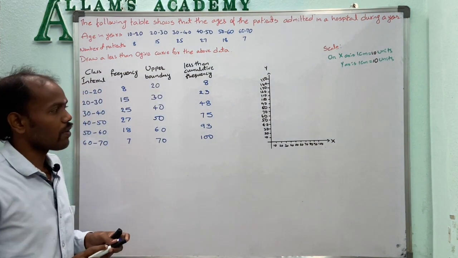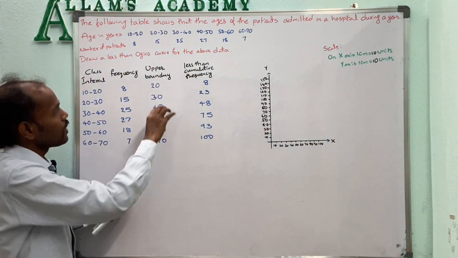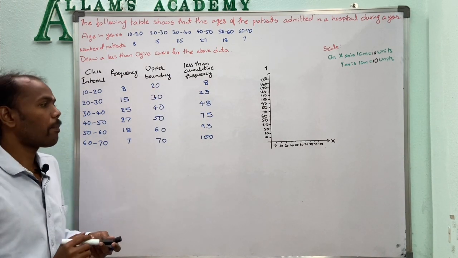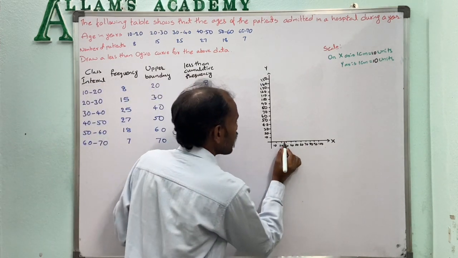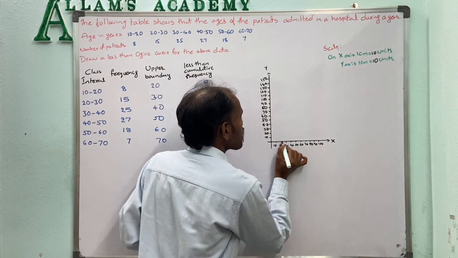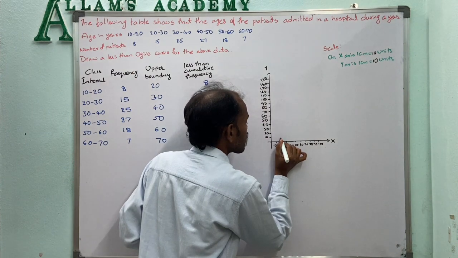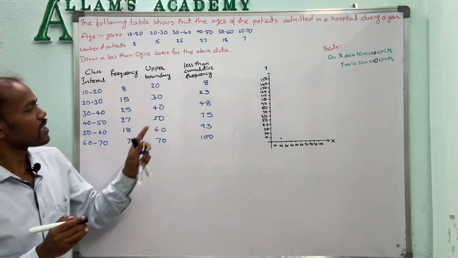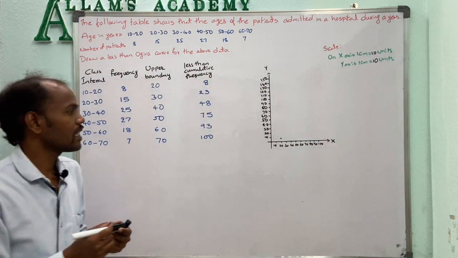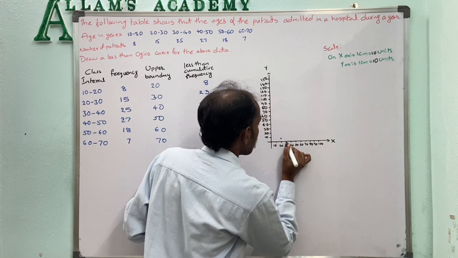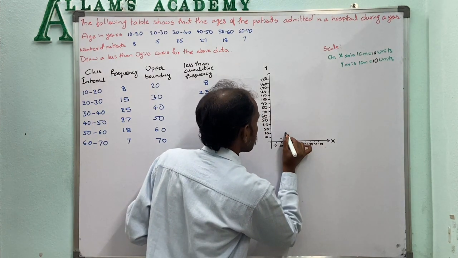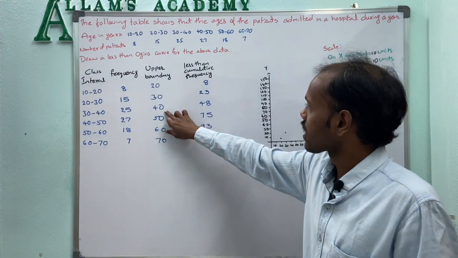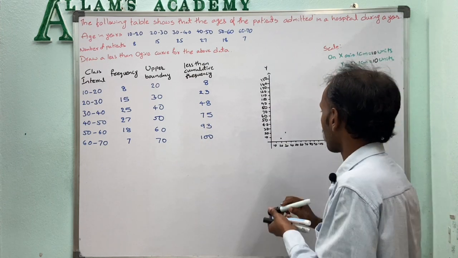Now we have to plot the points. For 20, the value 8 is the point: if 20 is taken as abscissa, 8 is the ordinate. So the point 8 is here. Next, for 30 the value is 23, so for 30, 23 is plotted. Next, for 40 the corresponding value is 48.